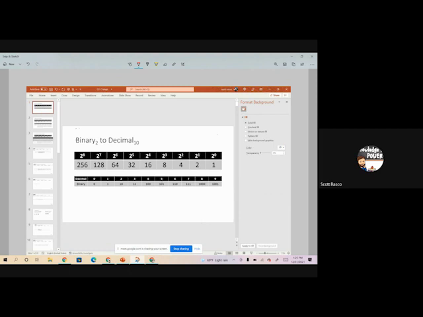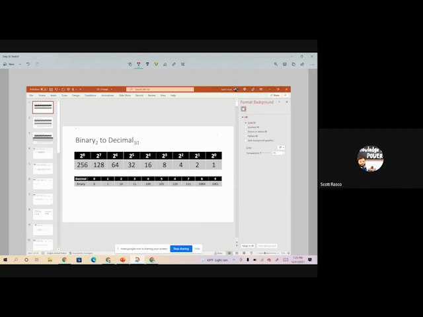Now, while we as normal non-computer tech people use a base 10 system, which is what we call decimal, you may see it written as decimal 10, or you may see it written as 250 with a subscript 10. Binary is going to be a two number system.